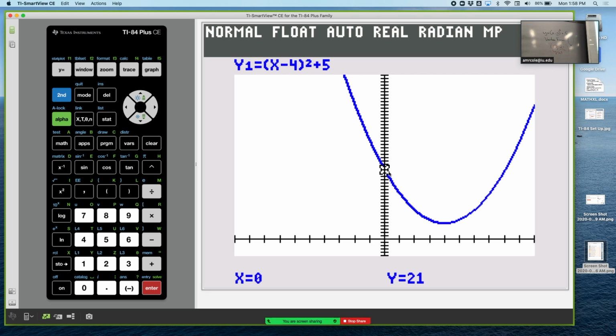Now, we're going to talk more about this later, all right? But this number is considered to be on the inside of the function. This one is considered to be on the outside of the function, because my main function here is something being squared. If it's on the inside, we go opposite, left or right, when we graph.